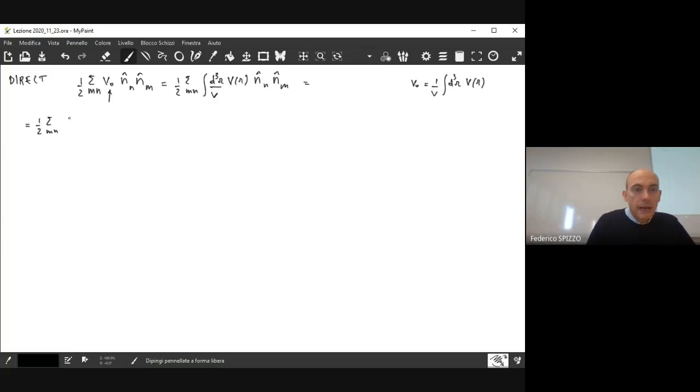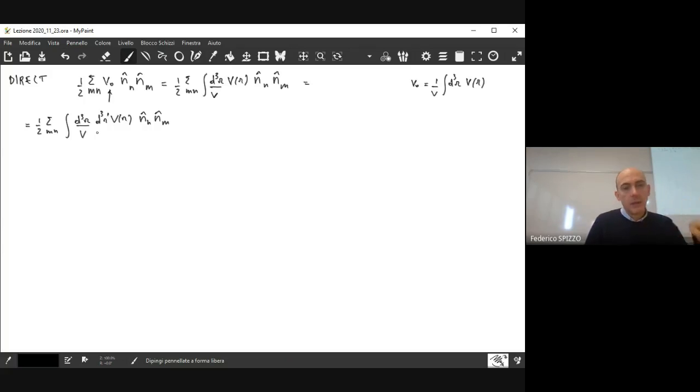In this case, now we may do something like this. We have the d3r integral divided by the volume. Then we have O of r, the number of particle operators. Then I may include here another integral over d3r prime. In this case, there is no variable of integration involving r prime.